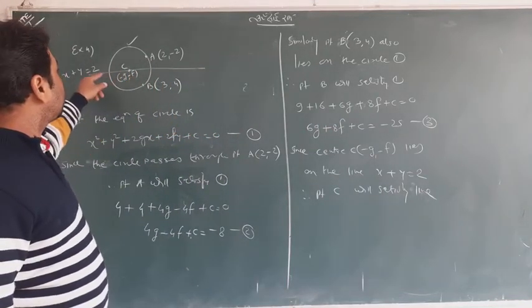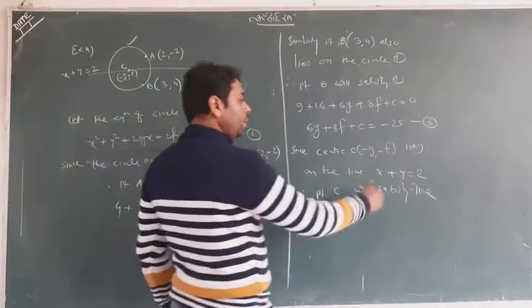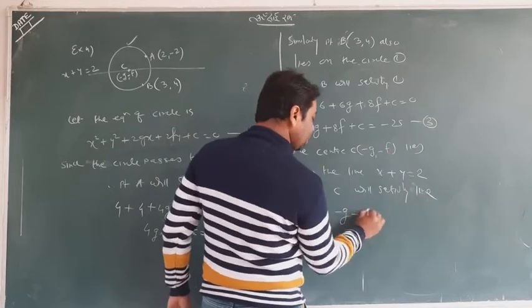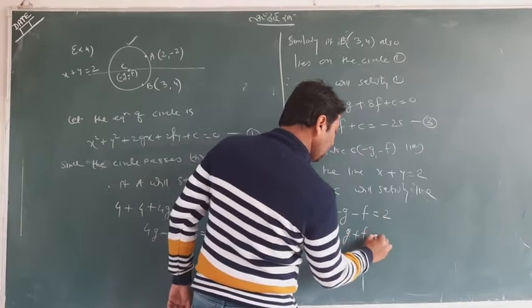This point will satisfy the equation of the line. Look now, x will be -g, y will be -f, and equal to 2. So g plus f will be minus 2.